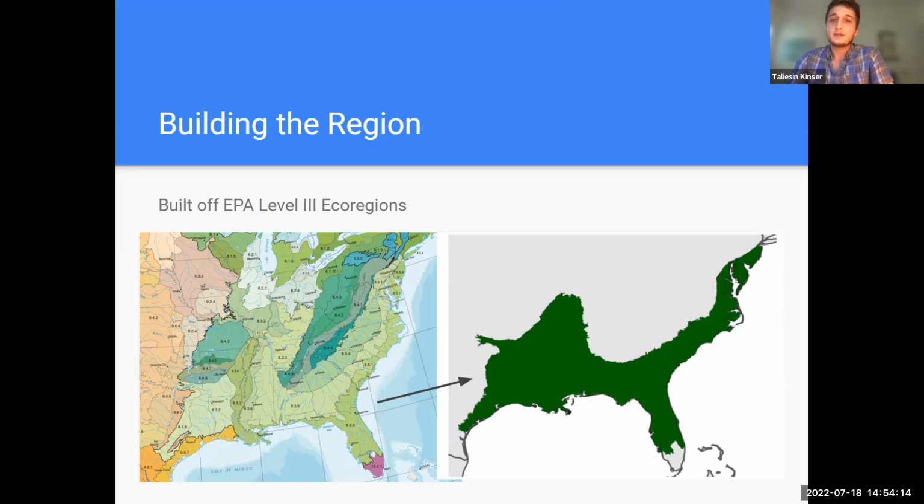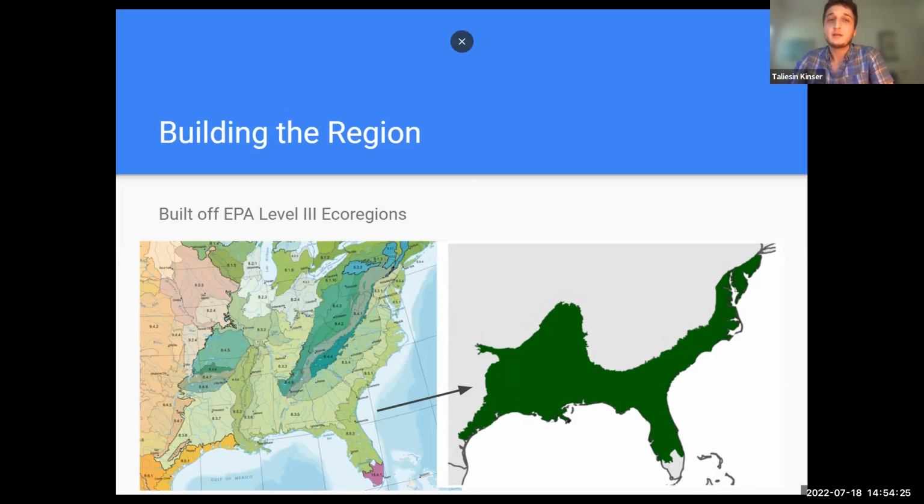Just to quickly show how we went about building our spatial region, we did this based off of EPA ecoregions, the level 3 ecoregions that we pasted together to form this broader region of the defined Coastal Plain Floristic Province.